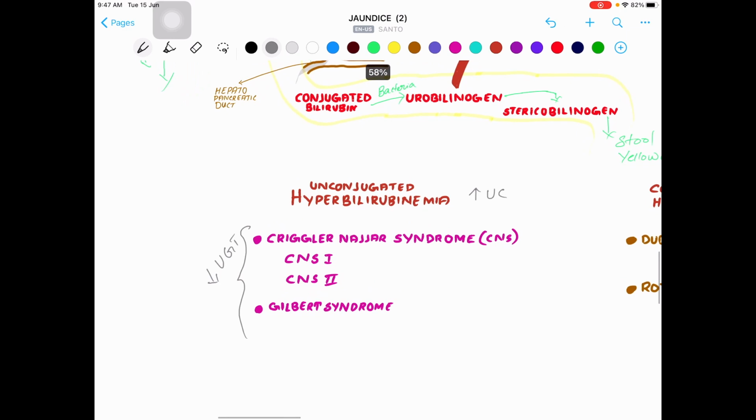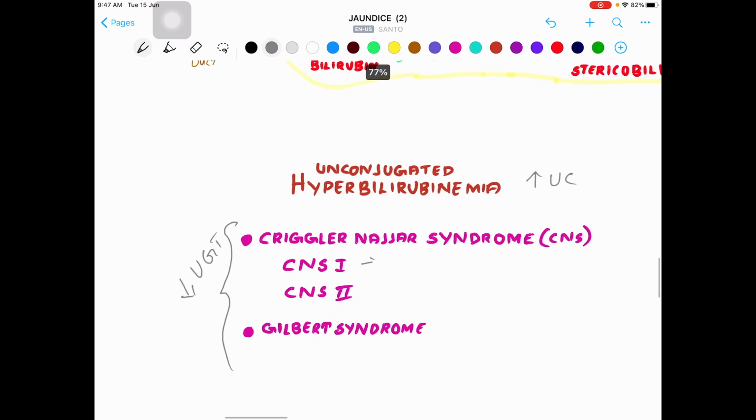So how can we differentiate Crigler-Najjar syndrome type 1, type 2 and Gilbert syndrome? CNS type 1 is the most dangerous. This will be a severe deficiency of UGT.